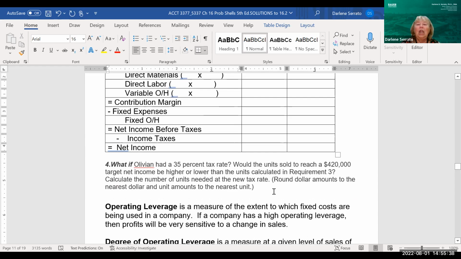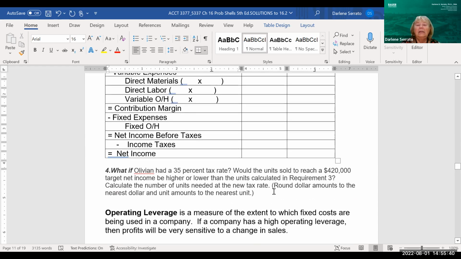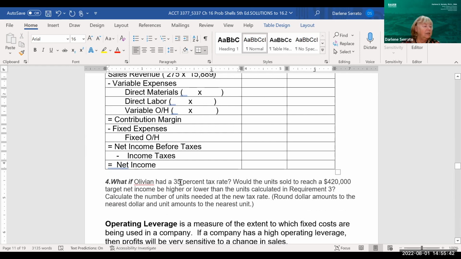It would be lower because less money is going to taxes. We're going from a 40% tax rate to a 35% tax rate, so less money is going to taxes.